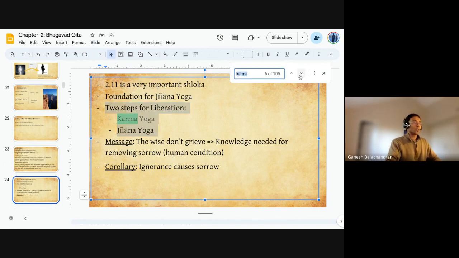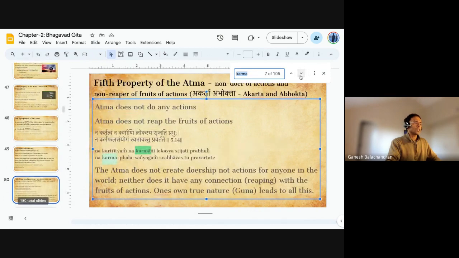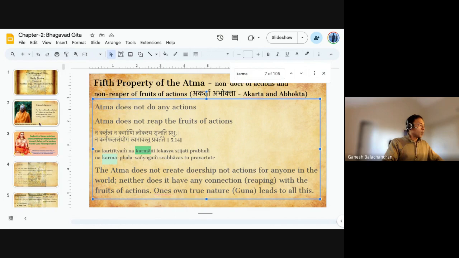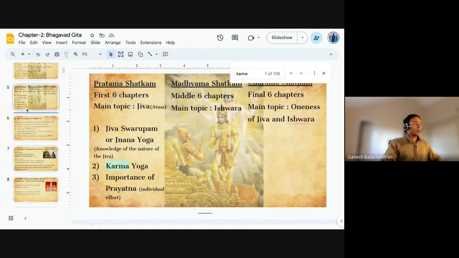All the other meditation, everything is covered under Karma Yoga. Krishna says that very clearly in the 3rd chapter. So there are only 2 yogas. The purpose of Karma Yoga is to make the mind steady for receiving the knowledge. This is how it's organized.